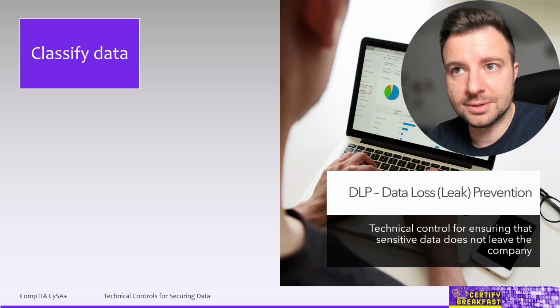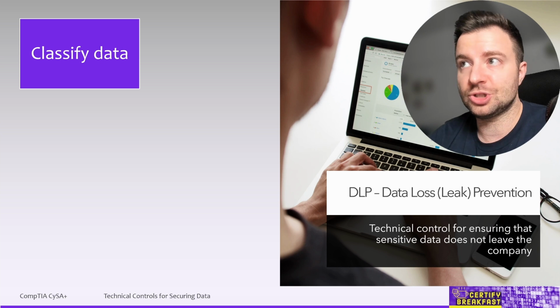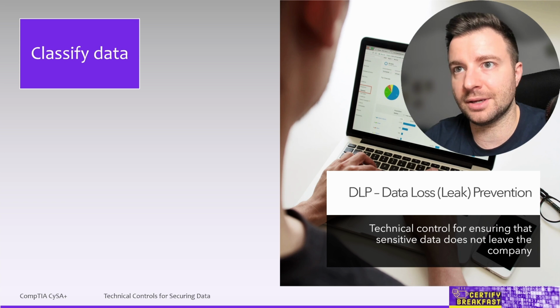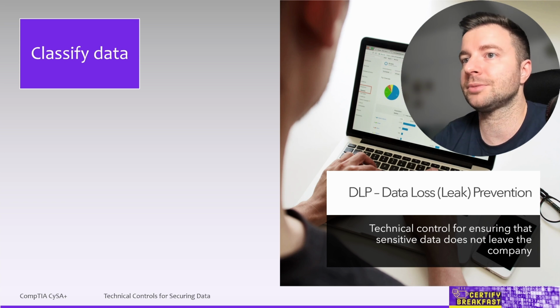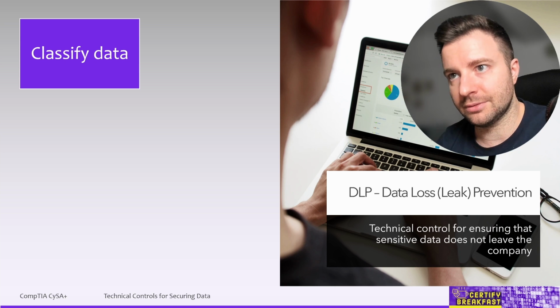Now, DLP controls first have to classify this information to determine which type it is. Is it personally identifiable information? Is it credit card data? Is it finance data? Any other custom type of sensitive data? And then it has to monitor any outgoing channels that might leak that sensitive information.